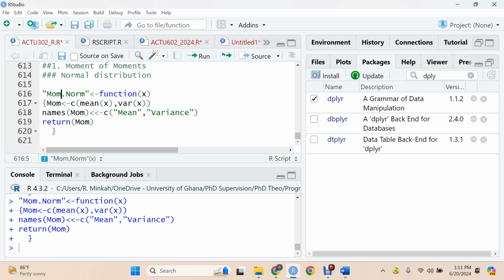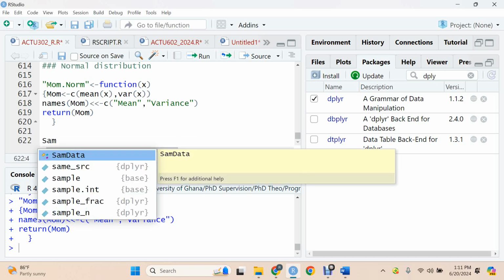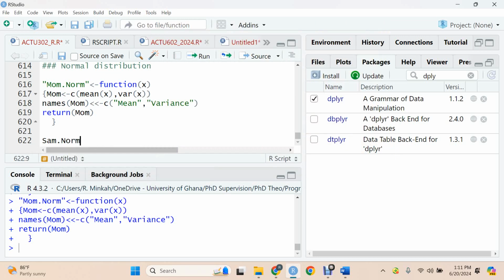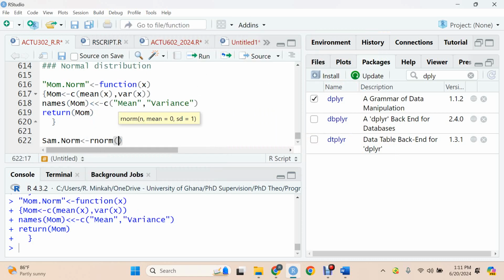Okay. So let us generate observations from a normal distribution. So sample norm. Okay. So rnorm. So maybe n. N is, let's say 10. Then we have what? Mean or mean?